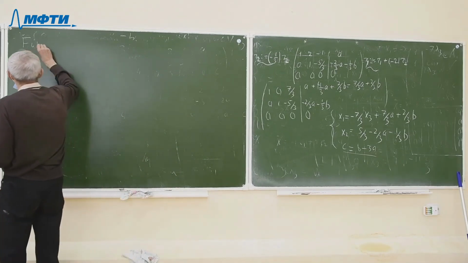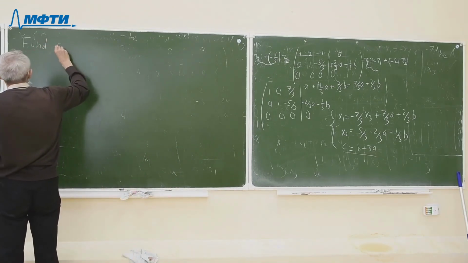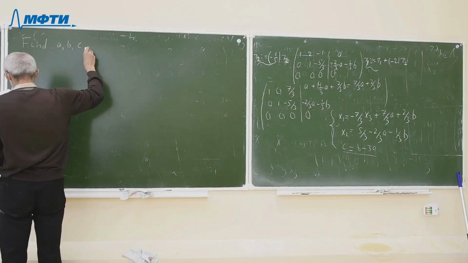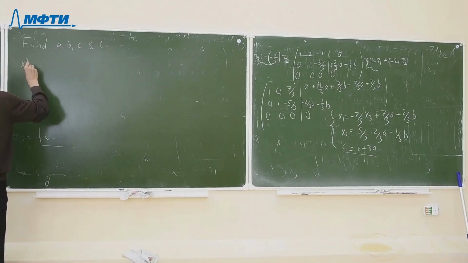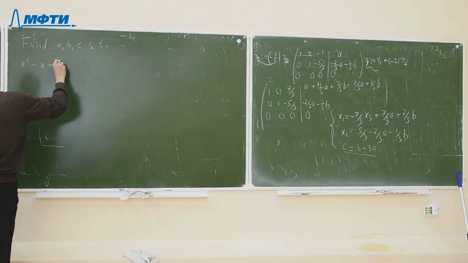Find a, b, c such that we have the following equality.